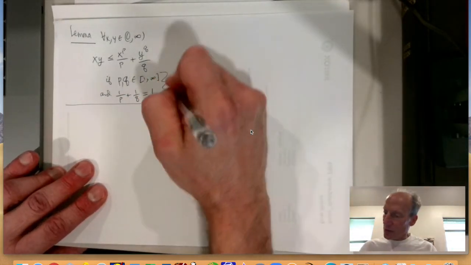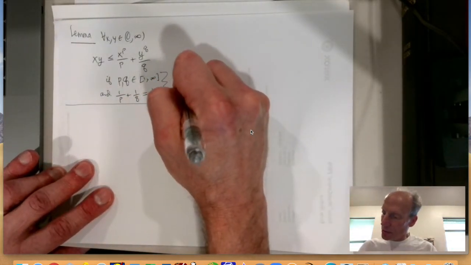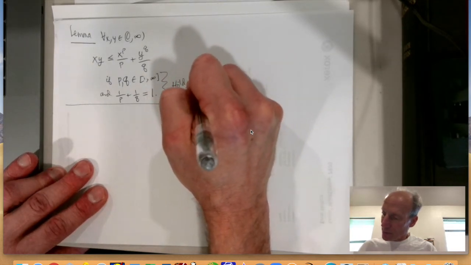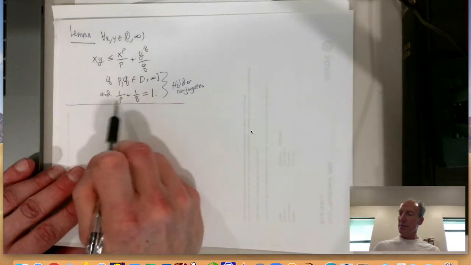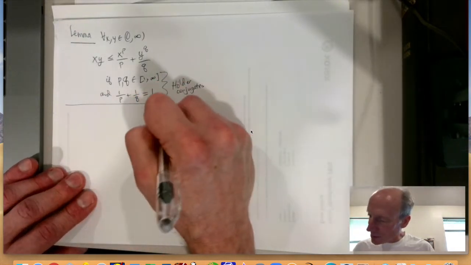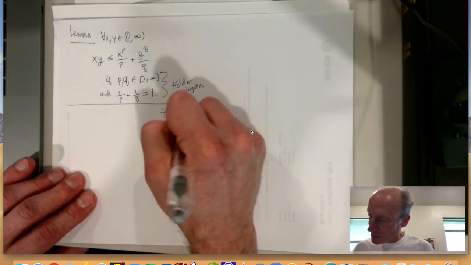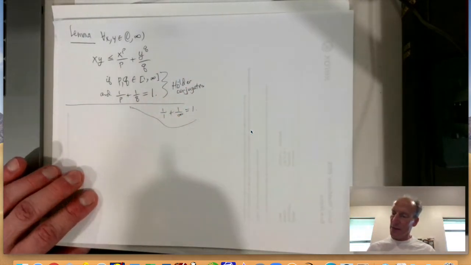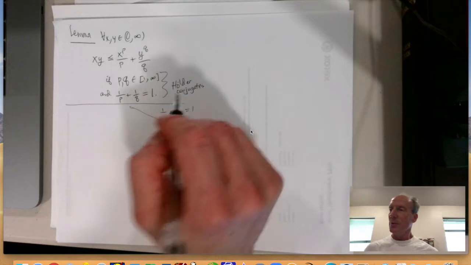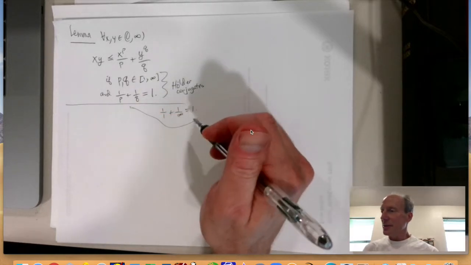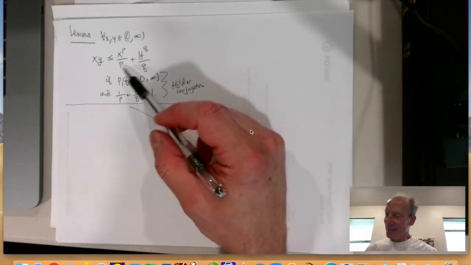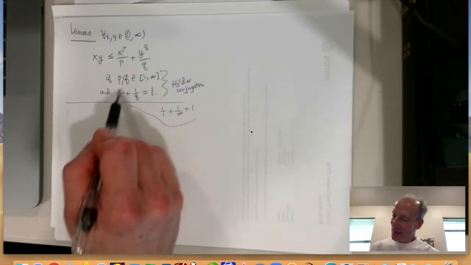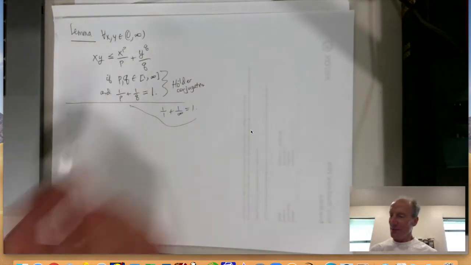These are called Hölder conjugates, the p and the q that satisfy that. And by the way, you're pretending that 1/1 plus 1/infinity equals 1, because q can actually be infinity.